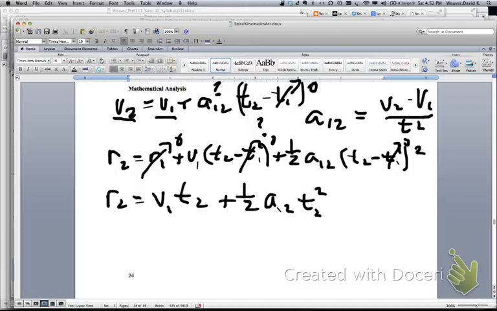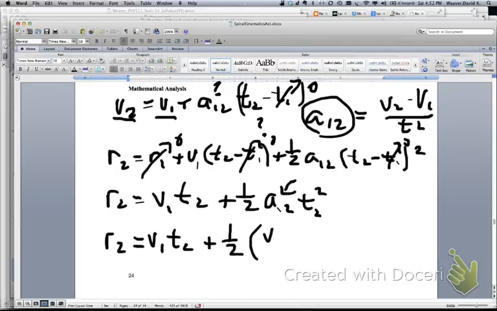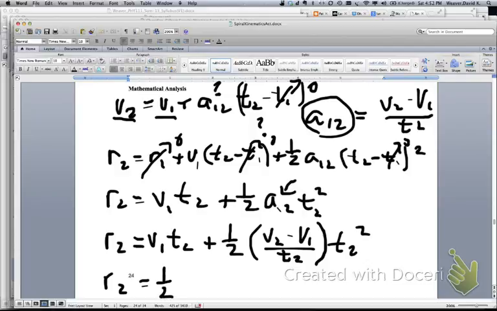What I can do is plug this A12 into here, and if you do additional algebra, you end up with R2 is equal to one half of (V1 plus V2) times T2.